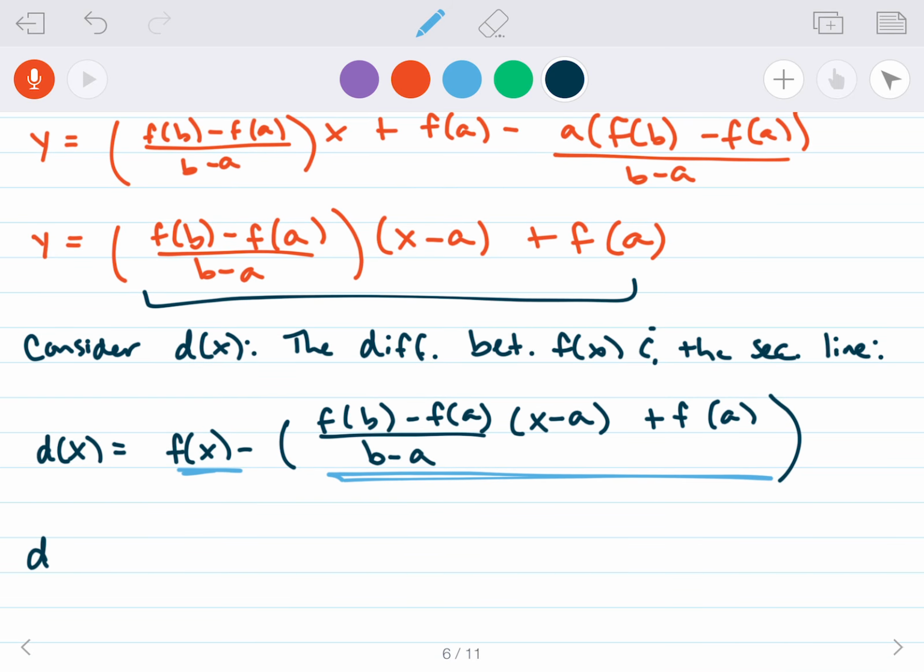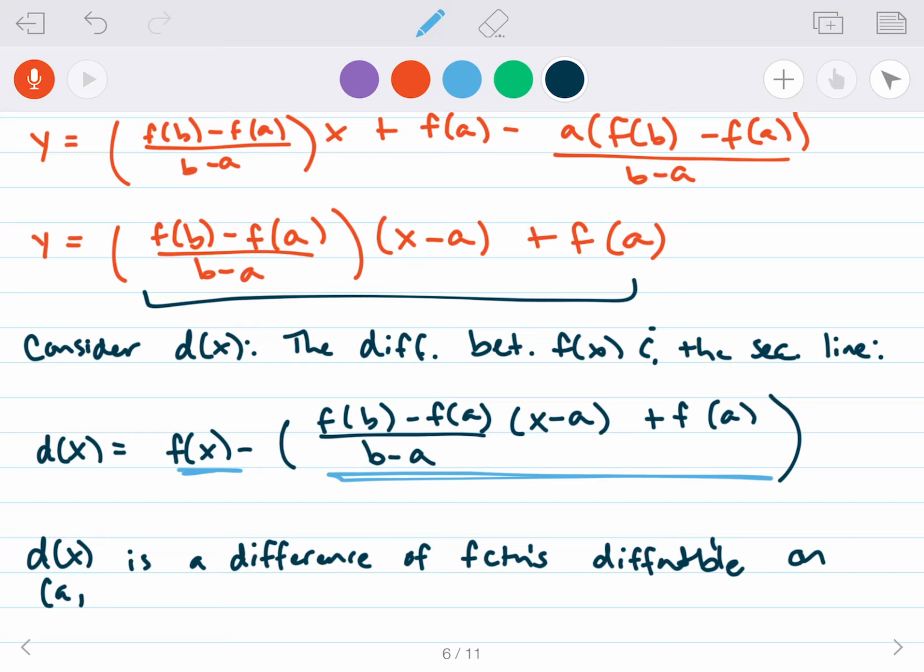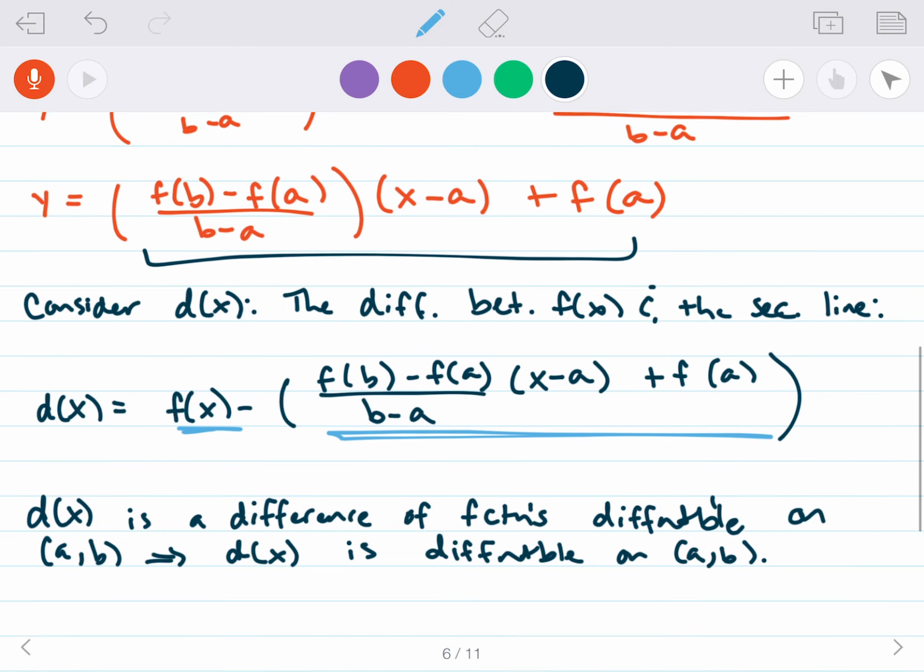Okay, so d of x is a difference of functions differentiable on (a, b). Thus, d of x is differentiable on (a, b). Okay?